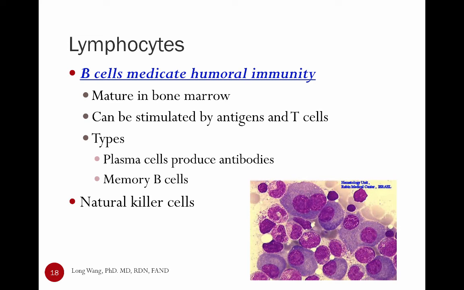Then we have memory B cells. So remember we say the immune system could develop a surveillance and a memory. So this is where the memory comes from. So after the fight is over, these B cells will remember the information of the pathogen or the antigen our system just fought against.